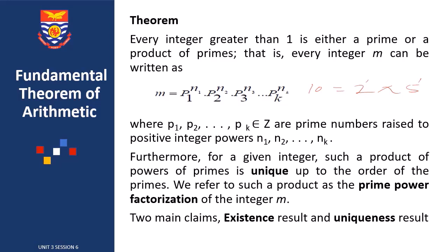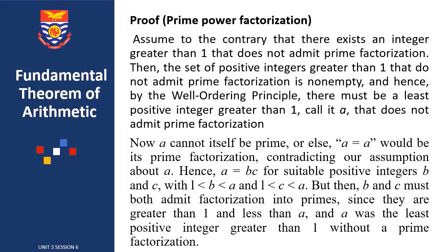Great. So next, let's see the proof of prime power factorization. As we stated earlier, we will prove the existence part first. This proof is very simple, and you can go through it; it is also in your course material.